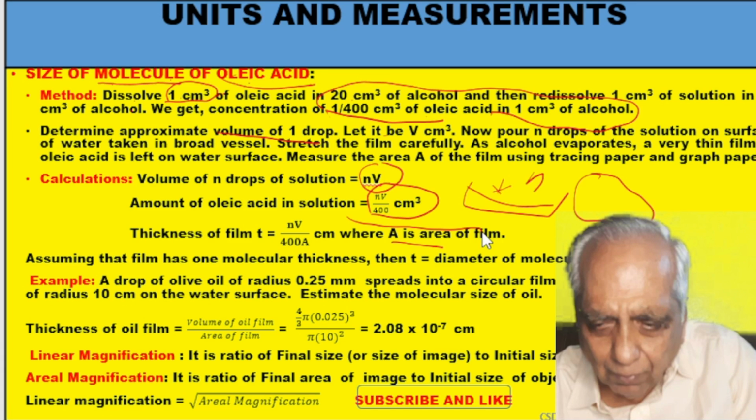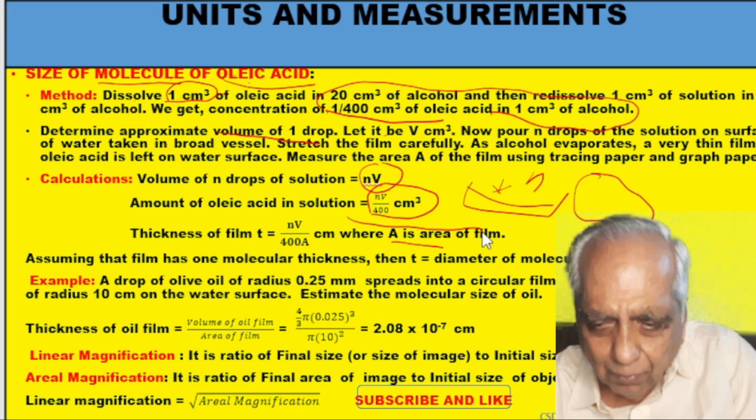Once you know the area of the film, this is my film and it has some thickness. But I have spread it to such an extent that this thickness is very, very small. That is why I have dissolved it in alcohol, so that alcohol will evaporate and a very, very small thickness of oleic acid I will get.